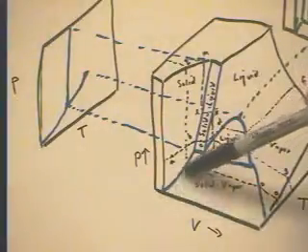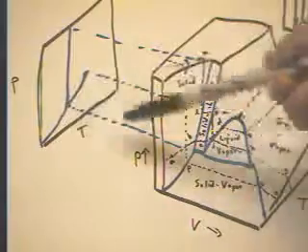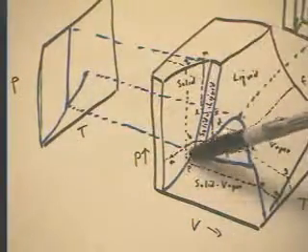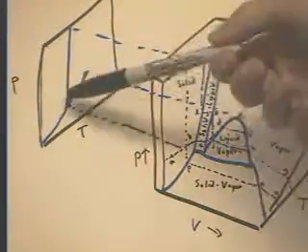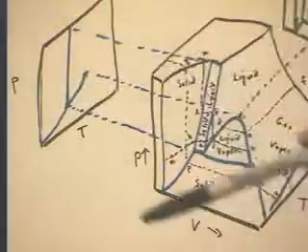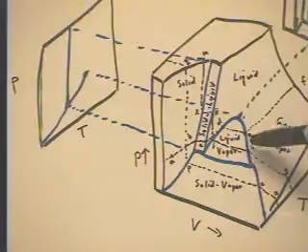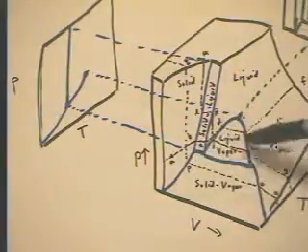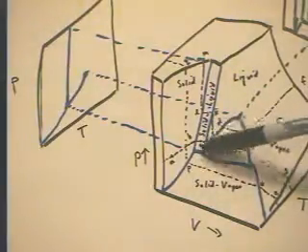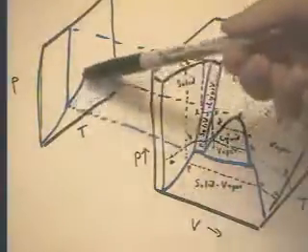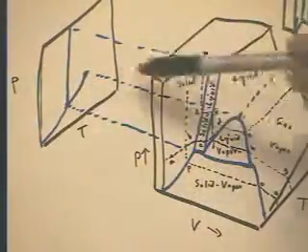Again, we see that this part of the curve here projects to here. This part of the curve, which is pretty much a straight line, goes here, and that's your transition between solid and liquid. And the transition between liquid and vapor indents a little further, a little deeper into this than this thing does, and gives you this part of the curve, which goes up to your critical point.